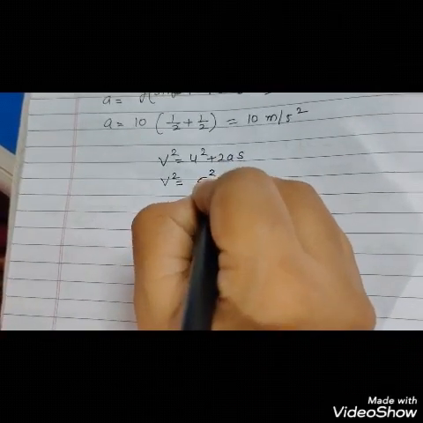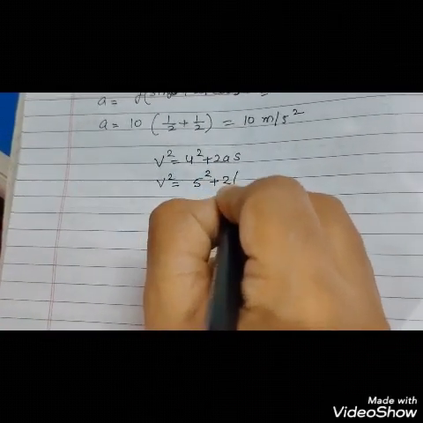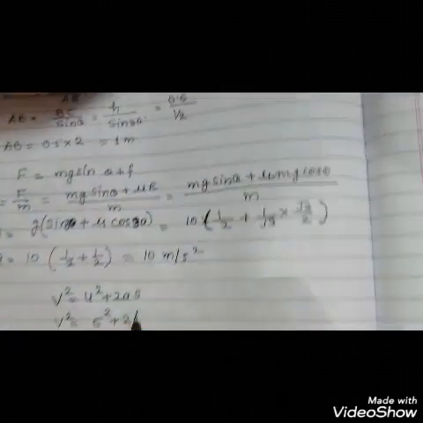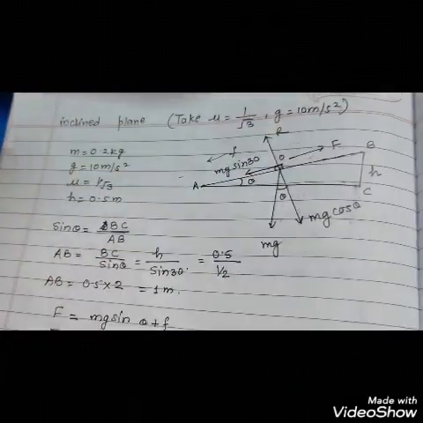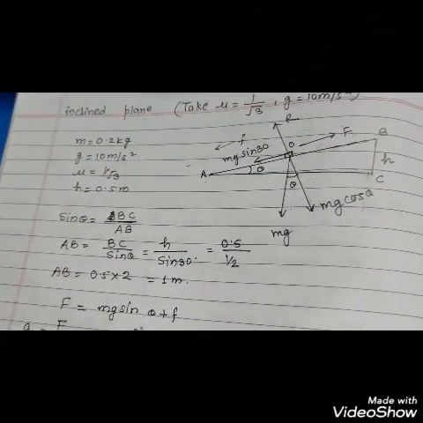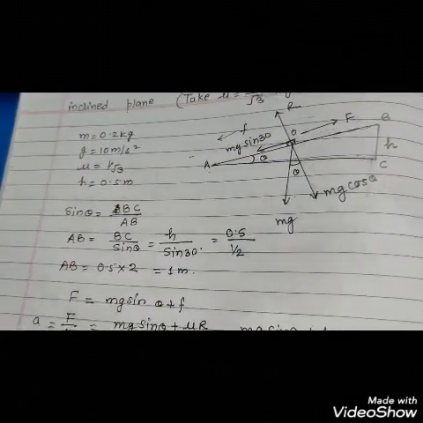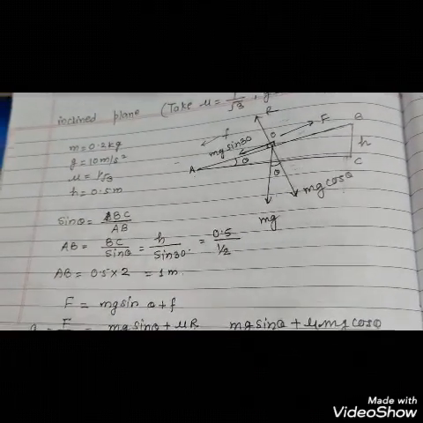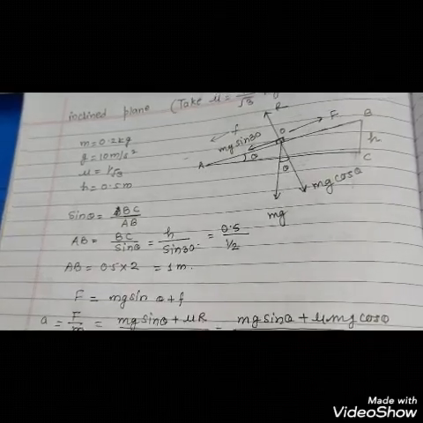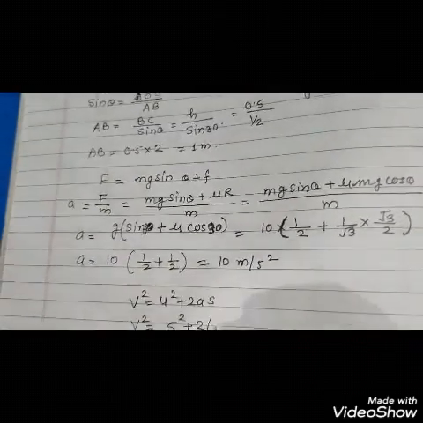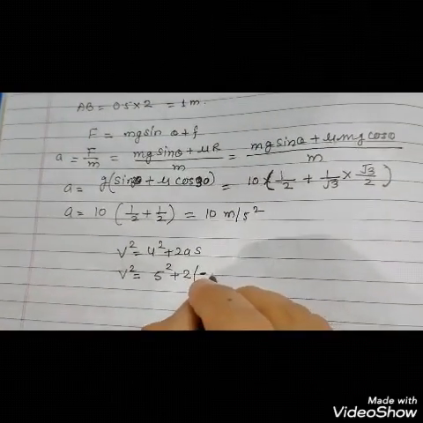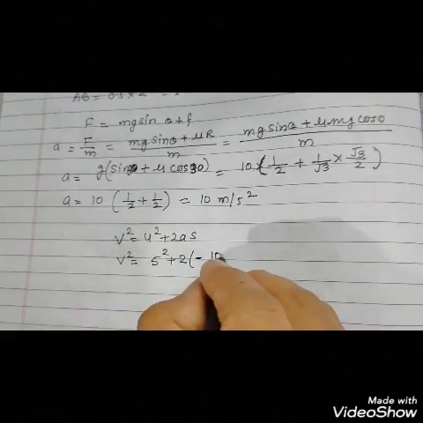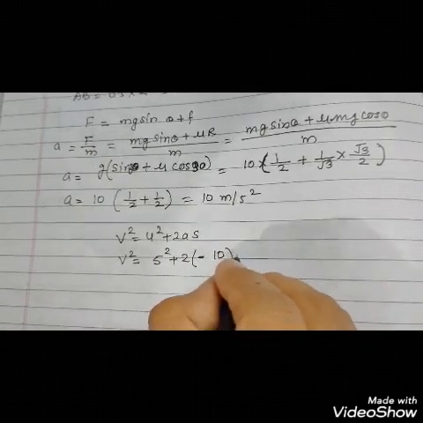So 5 square plus 2 times the acceleration. It is a negative acceleration, since when it goes from down to up the speed will reduce, and that will be retardation. So we write minus a, which is minus 10 meter per second square.